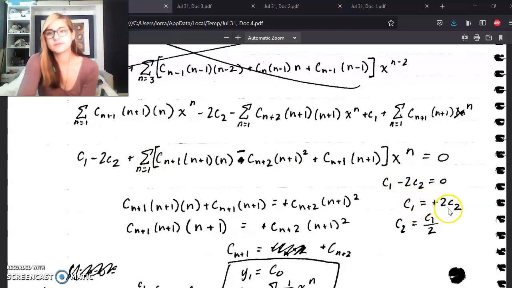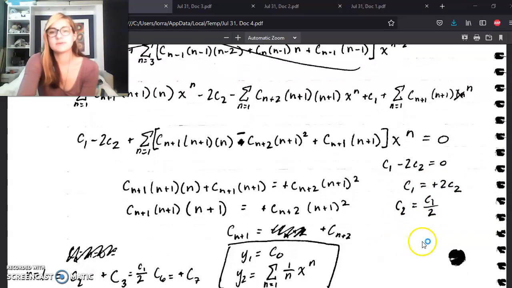So c_1 equals 2c_2, and then c_2 is equal to c_1 over 2. And then this inside part also has to sum to 0 for this to be true. So I set it equal to 0 and just did some algebra here.